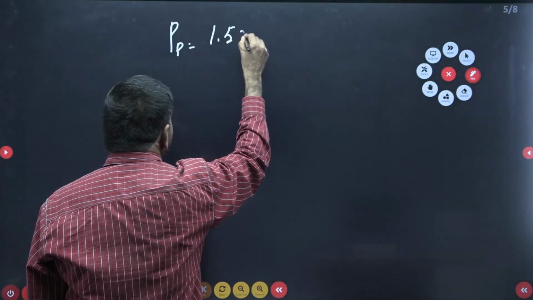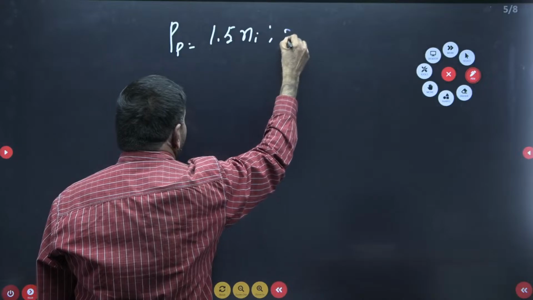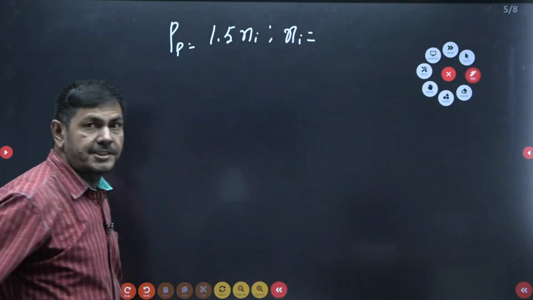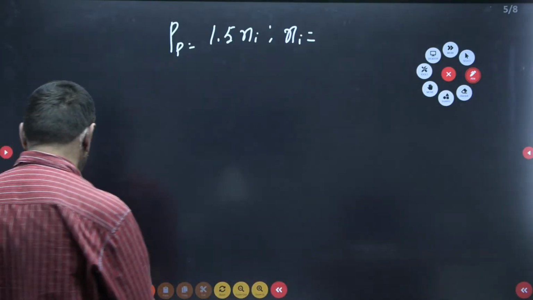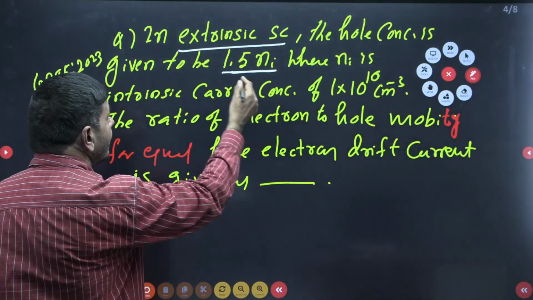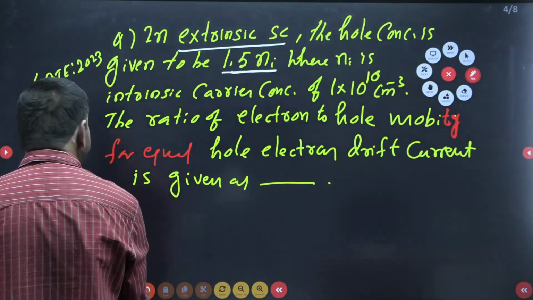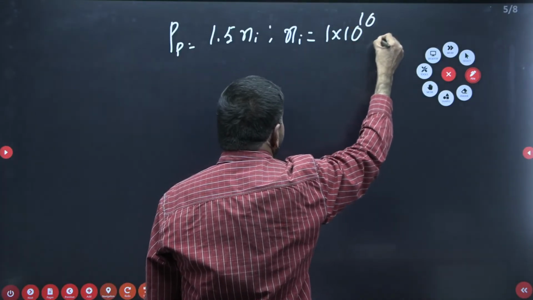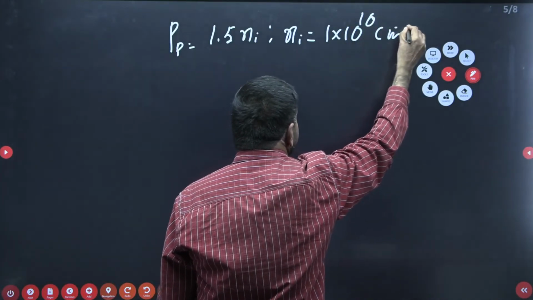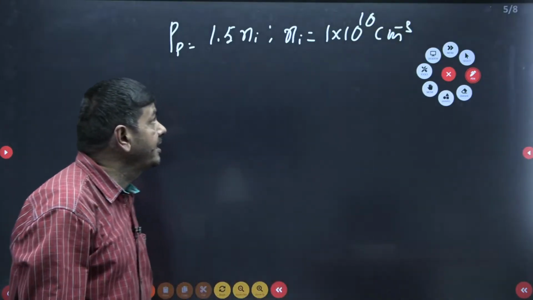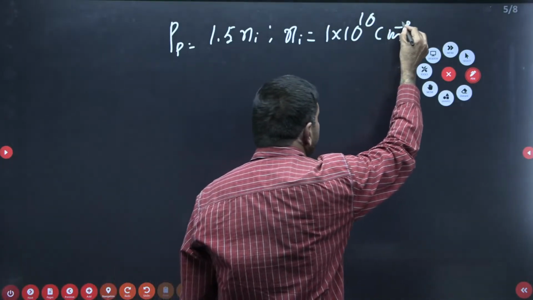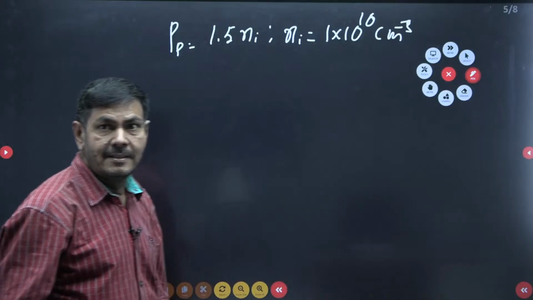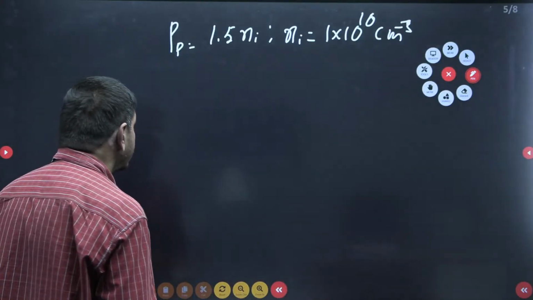And Ni is the intrinsic concentration, 1 into 10 power 10 per cm cube.